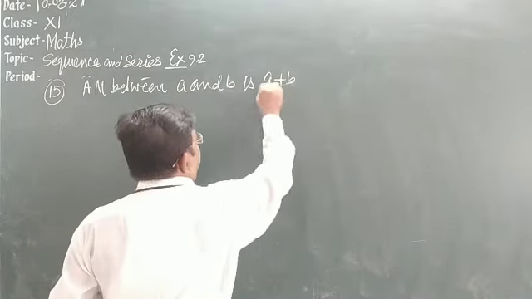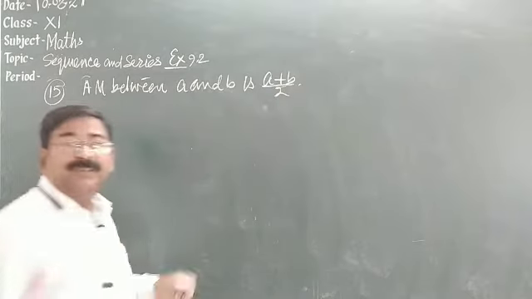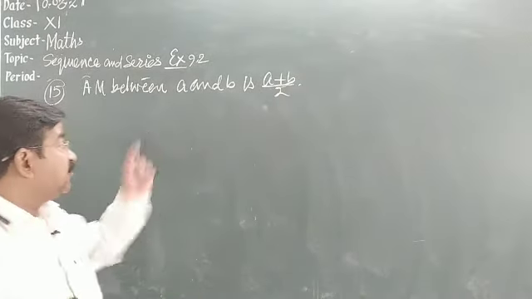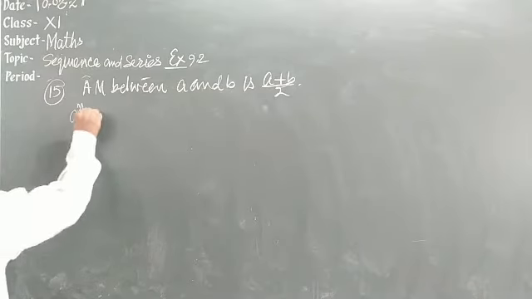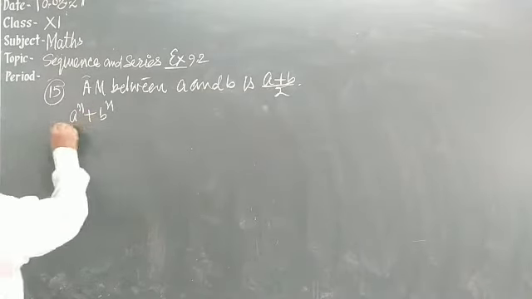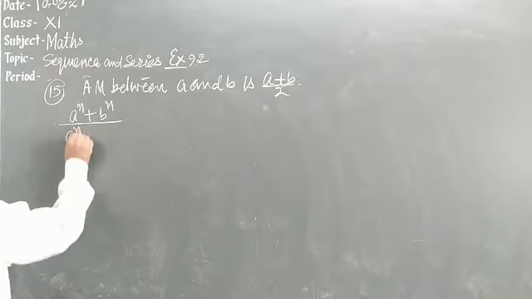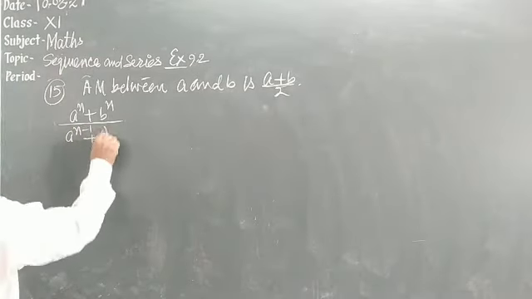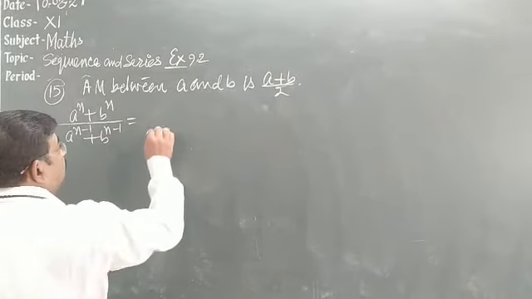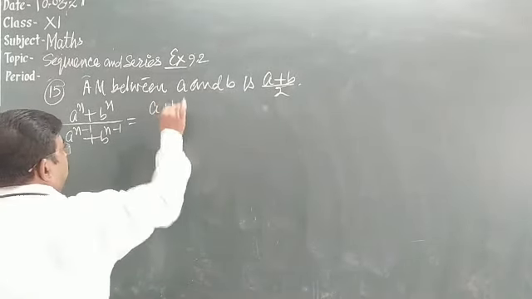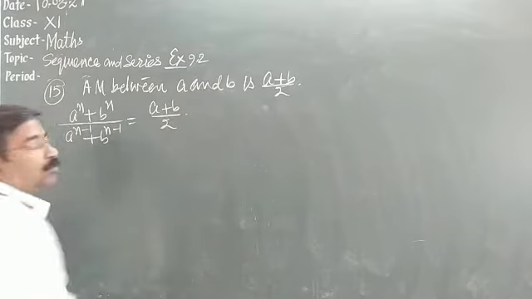It is (a plus b) by 2, meaning the average, and its value is given. What is given? (a to the power n plus b to the power n) upon (a to the power n minus 1 plus b to the power n minus 1) is equal to (a plus b) by 2.